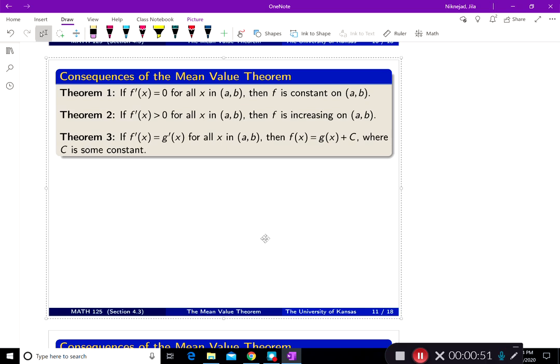These proofs come in handy when you're in higher level mathematics. They come in handy a lot when you're taking numerical methods and in mathematical analysis.